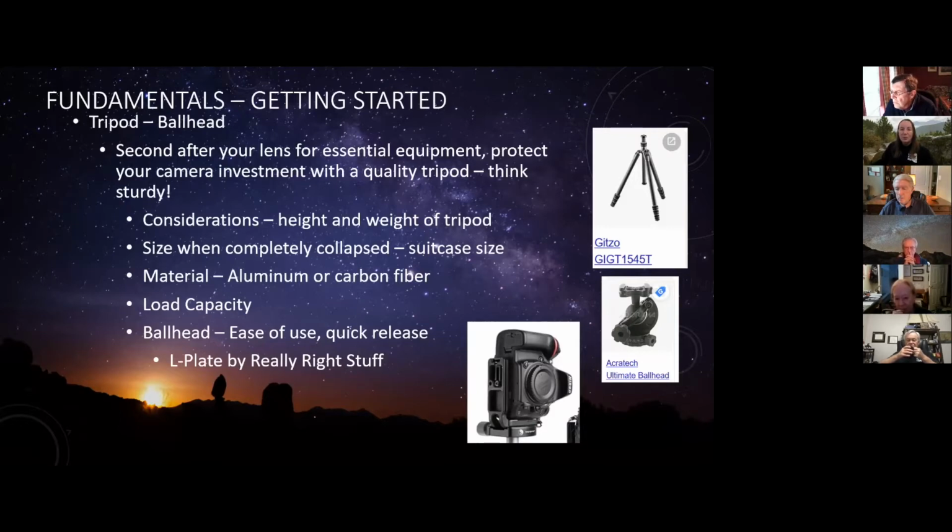And when it dropped, it fell on the L plate, which saved the camera body. So whatever I spend on that, maybe $120, $125, is insurance for my camera. And you can flip very quickly from landscape to portrait mode with your camera.